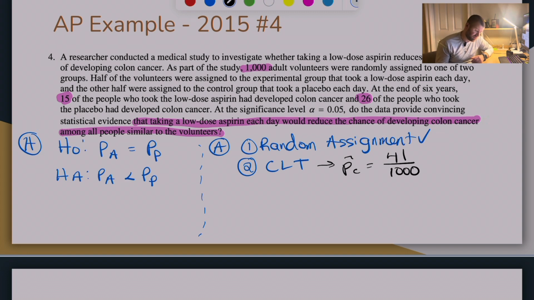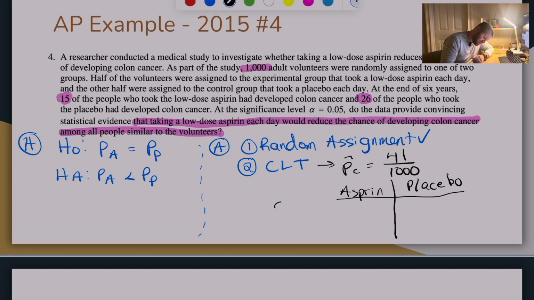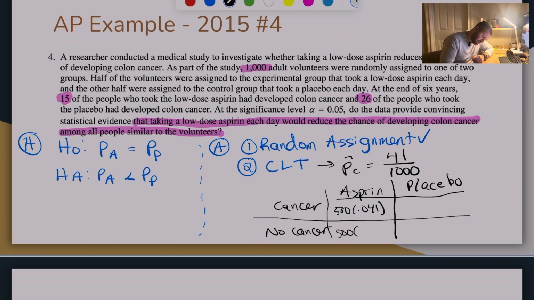That's my total here. So if I'm going to make my table of my aspirin group, my placebo group, and then this is going to be essentially cancer and no cancer. So this would be 500 times 0.041, and this would be 500 times 0.959, and then same thing here.